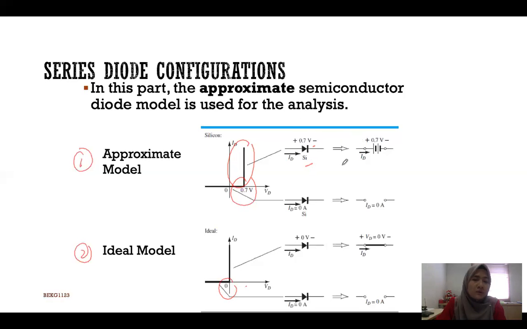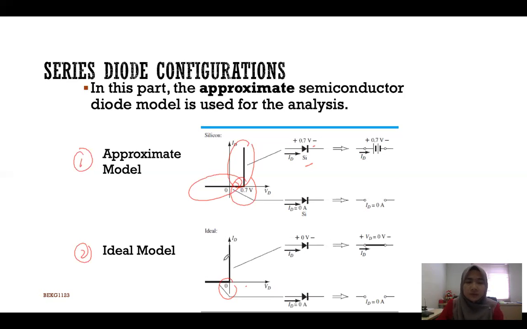During forward bias, the circuit will become something like this, with 0.7 volt over here. But this part is the reverse bias. During reverse bias, this circuit will act as an open circuit, where the current is 0 ampere because it's open circuit.